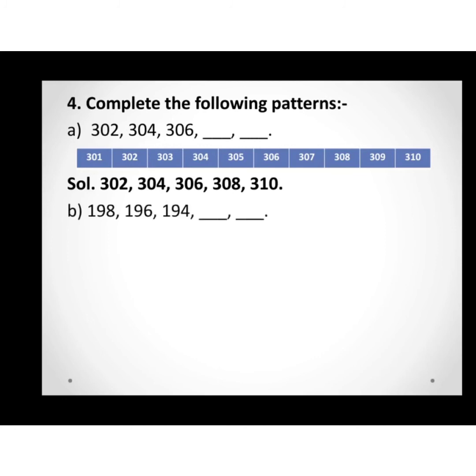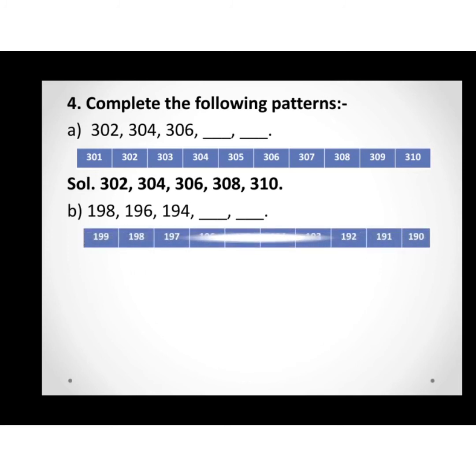Next one, 198, 196, 194. Here you can see the pattern of backward counting in 2s. You are supposed to jump 2 steps backward. Here also we will use the number strip. Here I have the number strip of backward counting.